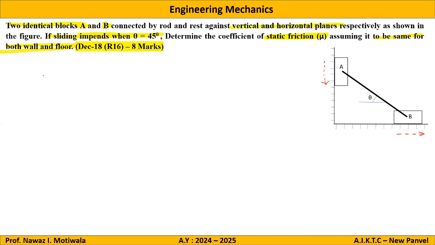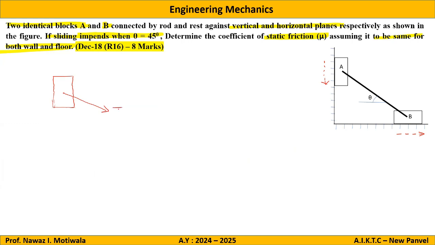Now, starting with the free body diagram of block A. I will isolate the body A from all the support contacts. So this is body A. The first thing which we show on a free body diagram is an applied load. There is no applied load, but there is a cable or a string or a rod which is connected. So there will be one force as a tension in the cable and it should be going away from the body.